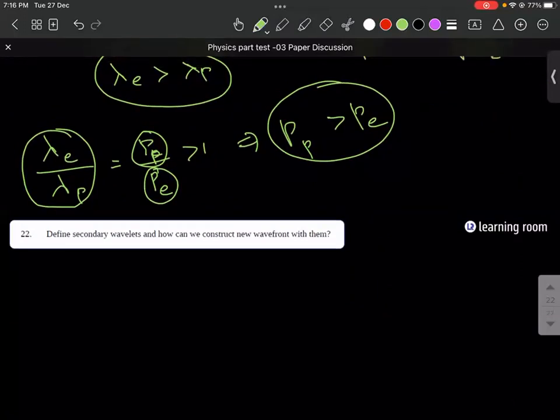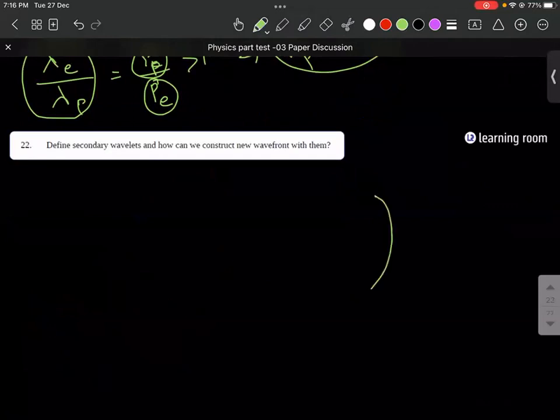Define secondary wavelets. What are secondary wavelets? When you have a wavefront, according to Huygens principle, every point on this wavefront will act as a source for the new disturbance, right?